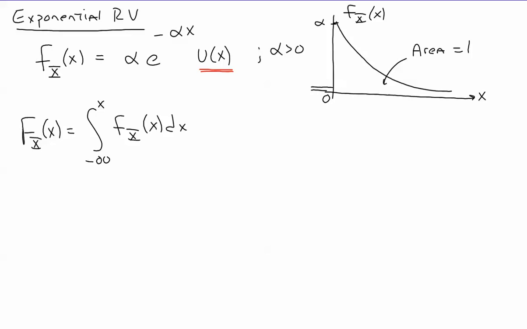The lower limit is minus infinity, and the upper limit is just an unspecified variable level. So we plug our probability density function into the integrand. The step function affects the lower limit, and I get an integral from 0 to x of alpha e to the minus alpha x dx.